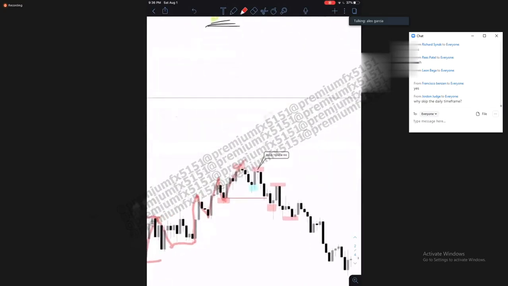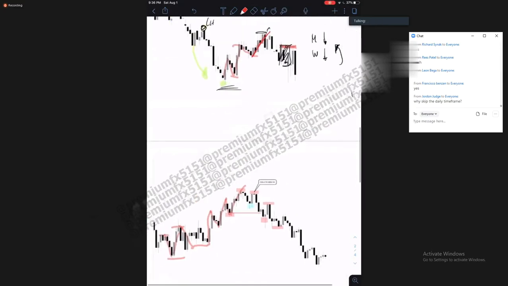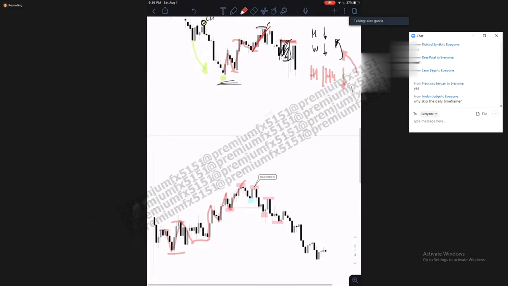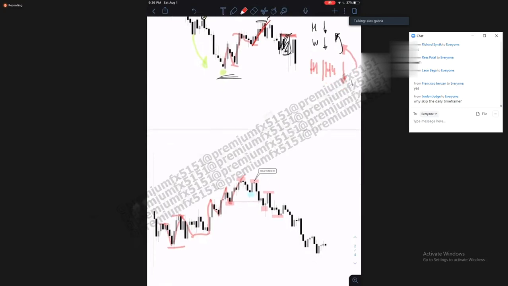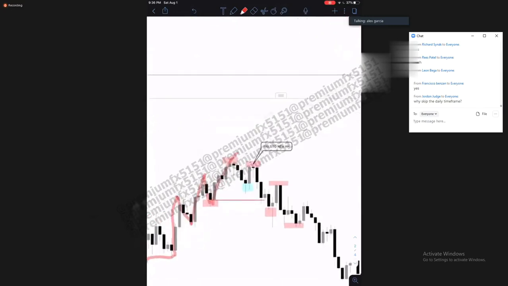H4 trending to the upside. I just wait to have my intraday perspective, H1 and H4, on a bearish scenario aligned with my higher time frame, so that way I can start looking for sales. I have this point here marked in blue.